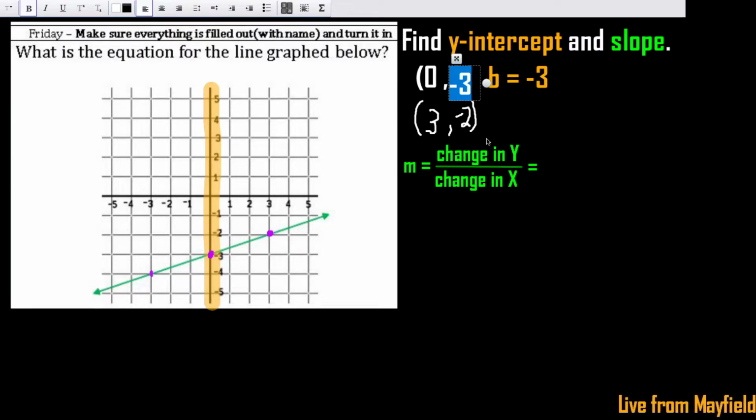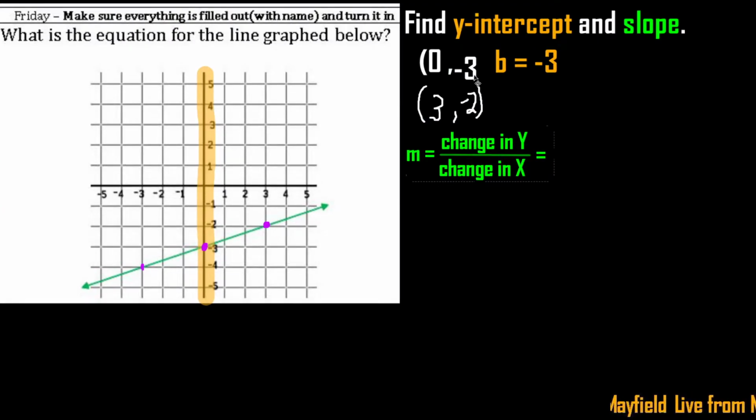If I'm going from -3 to -2, I'm increasing by 1. So my change in y is +1.